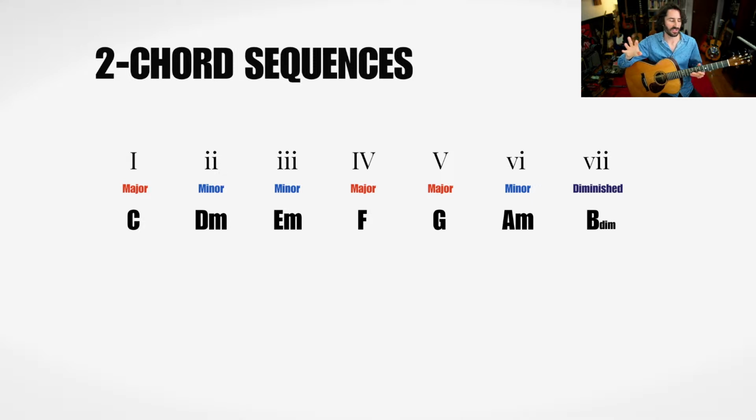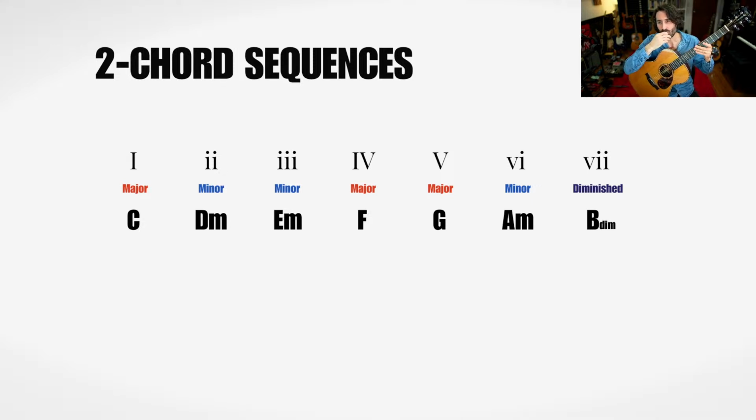So if we're in the key of C, for simplicity, and it is going to get fairly complex as we go along, but we'll just start simply here, we've got the key of C laying out C, D minor, E minor, F, G, A minor, B diminished, back to C. And I know I just played a B full diminished instead of the triad. That's just a habit of mine. But yes, that's essentially the sound of those chords.